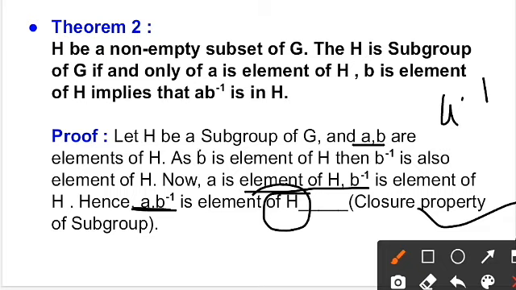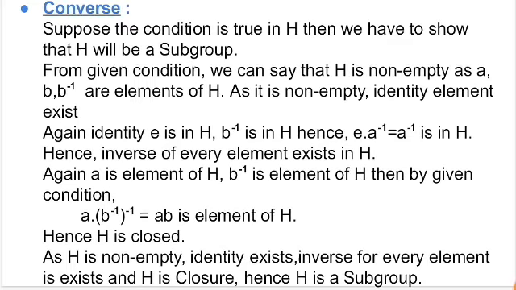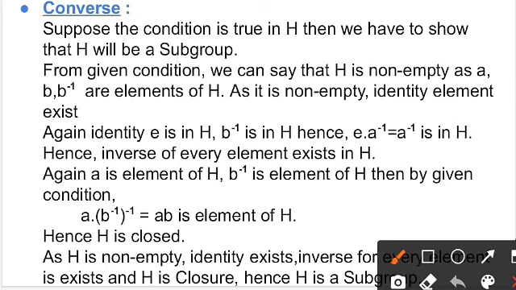We have considered this as a subgroup and we have proved that the condition is true. Now we will consider that the condition is true and we will show that H is a subgroup of G. So let's go to the converse. Suppose the condition is true in H, then we have to show that H will be a subgroup, right? Then from the given condition, we can say that H is non-empty as a, b and ab inverse are elements of H. So what was the given condition?